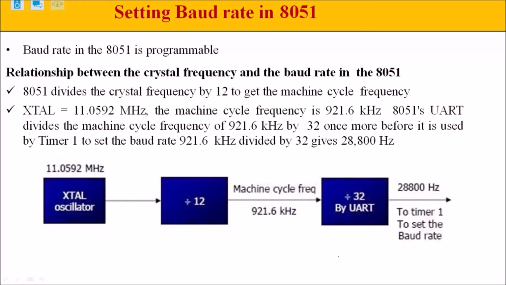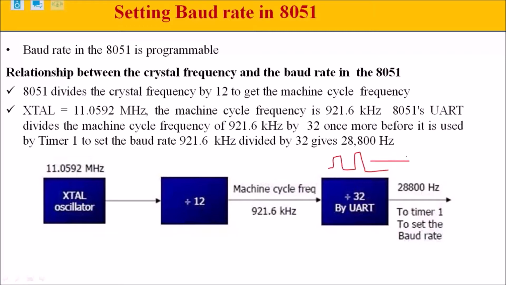Now, when we discussed mode 2 of the timer, I told you that mode 2, the auto reload mode of the timer, is used to generate a clock signal for serial communication. So the serial block, this UART block, also works on some clock signal.